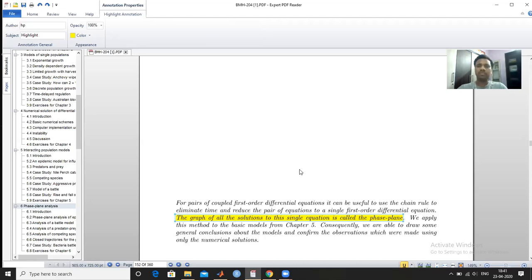State variables represent the species or population's density or number of individuals, say x, y, or x1, x2, x3, like that. And always, because these are systems with respect to time, the derivatives with respect to time are normally presented on the left hand side.